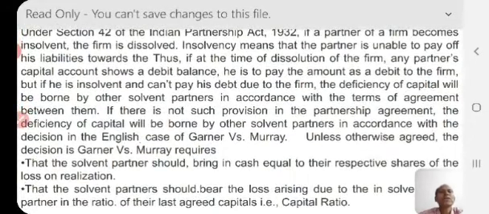But if he is insolvent, he can't pay his debt due to the firm. Generally, partners' capital accounts show sometimes credit balances and sometimes debit balances.